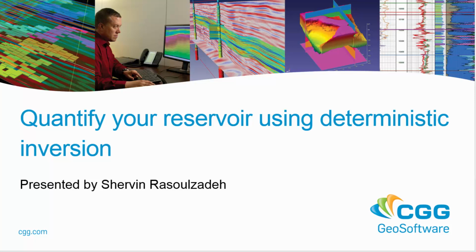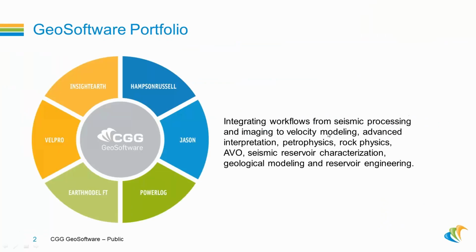Today the talk is about quantifying your reservoir using deterministic inversion. In the Geo Software portfolio at CGG, we develop and provide solutions for different types of studies. For seismic reservoir characterization, there are Hampson-Russell and JASON. For petrophysics and rock physics analysis, there is PowerLog.